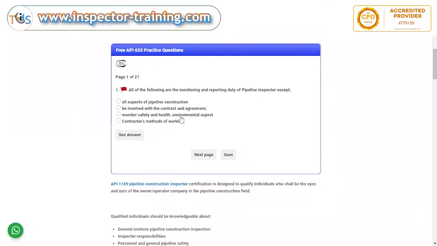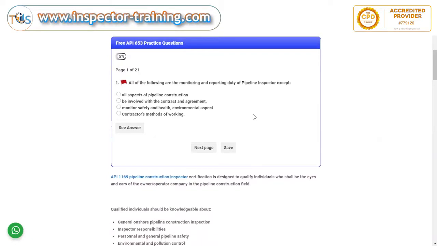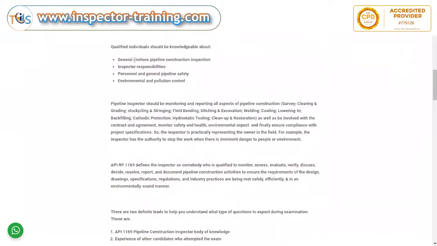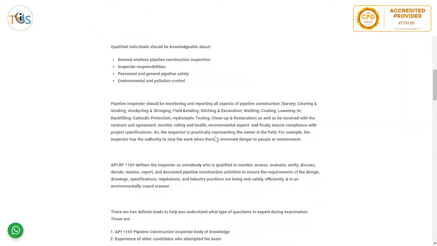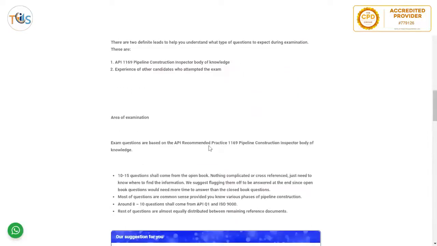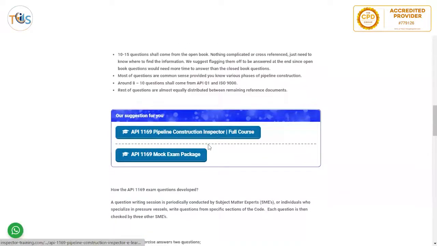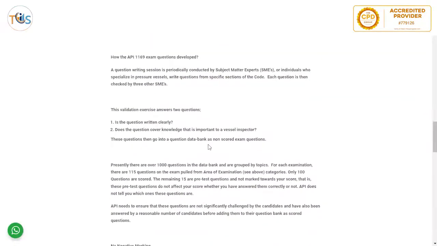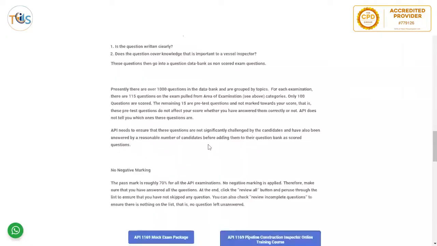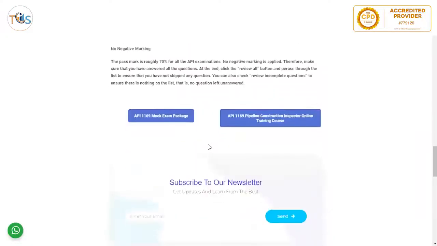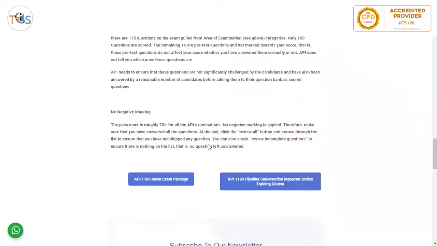They are timed, and then you can see the answer immediately or at the end. And we have also brought some useful information regarding what would be the body of knowledge and area of examination for you, and how the API, for example, exam questions are developed, and some other useful tips.